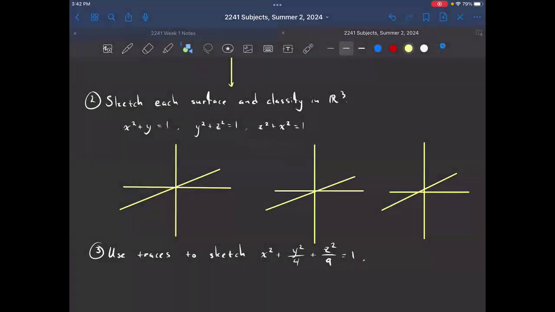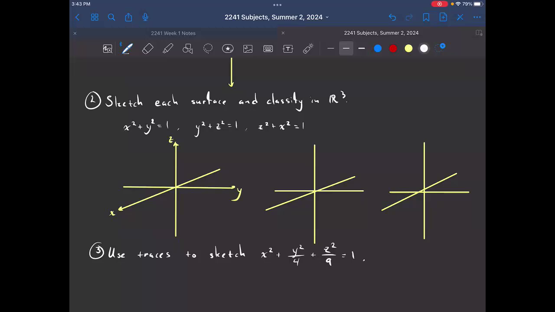Oops, sorry, my pen is dying. But we should have enough to get through the video. So we've got X, Y, and Z. And our first equation is X squared plus Y squared equals 1.